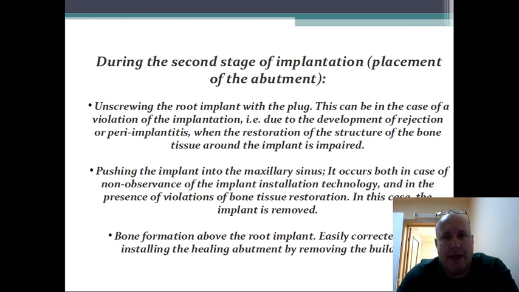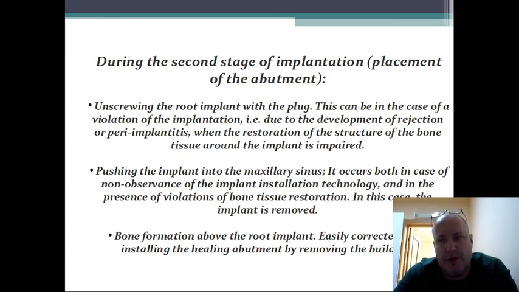During the second stage of implantation, placement of the abutment, unscrewing the root implant with a plug. This can be needed in the case of violation of the implantation due to the development of rejection or peri-implantitis, when the restoration of structure of the bone tissue around the implant is impaired. Pushing the implant into the maxillary sinus is a very serious mistake.